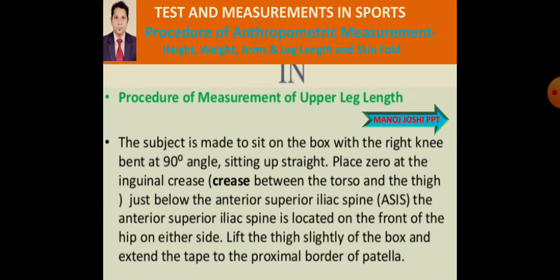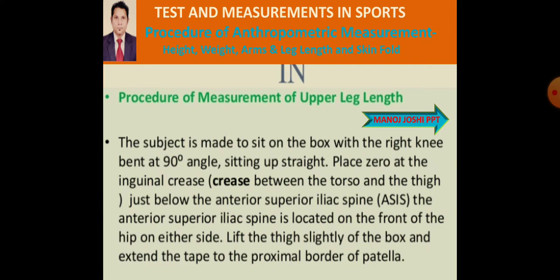Then, sitting up straight, place 0 at the inguinal crease between the torso and the thighs, just below the anterior superior iliac spine, ASIS.